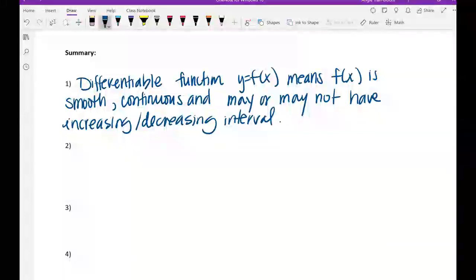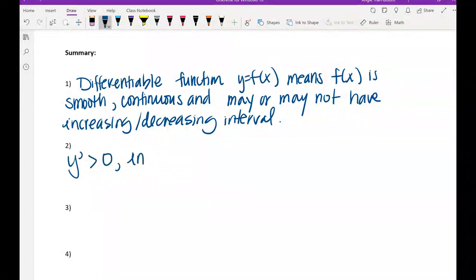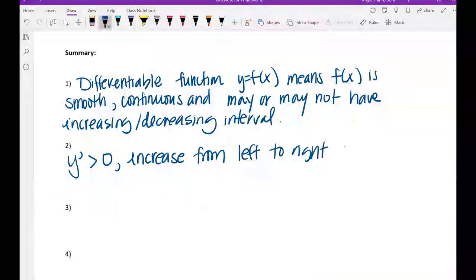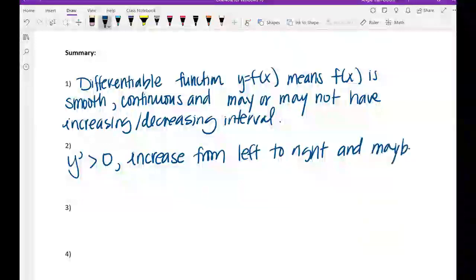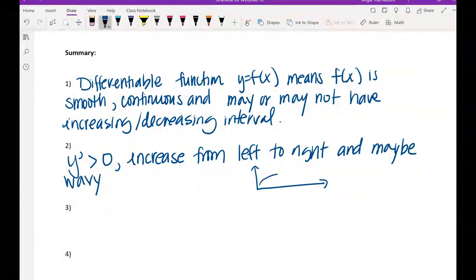How about the first derivative test? If y prime is positive, it means f increases from left to right, and maybe wavy. So if your first derivative is positive, it may have an increase and it may be wavy.